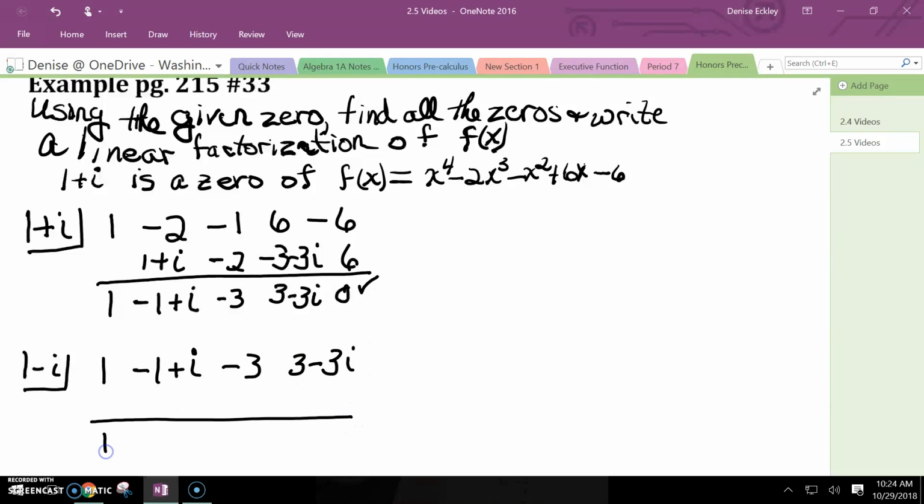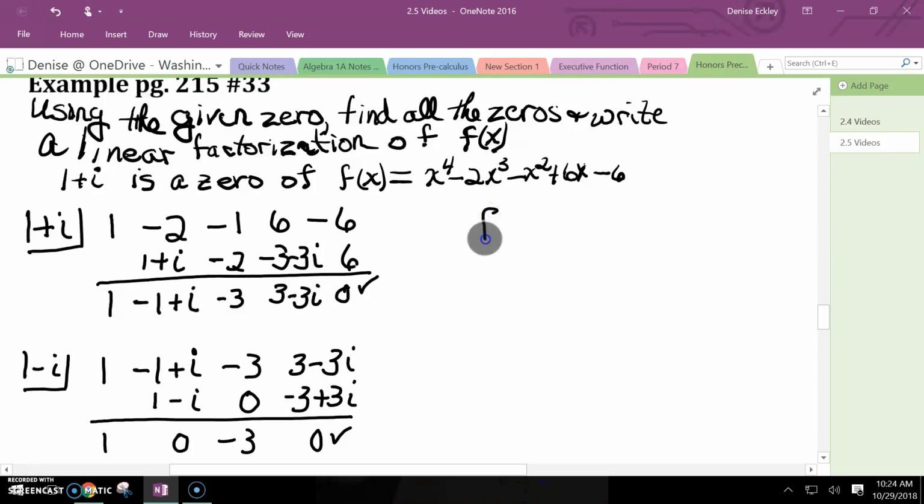So bring the 1 down, multiply, I get 1 minus i, and as you can see, this becomes 0. It's not too bad. And then when I multiply those together, I get 0. Then I have a negative 3. And I have just the opposite of what's in my last column, as I would expect for a remainder of 0.